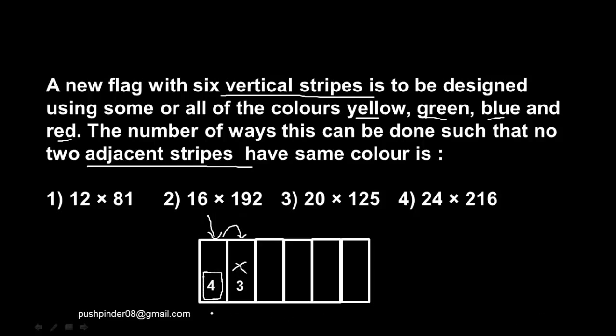So let's suppose this was given yellow and this was given red. So now we have a choice of yellow, green, and blue for this stripe, because no two adjacent stripes should have the same color. So again 3 ways. Similarly, next stripe also 3 ways, next stripe also 3 ways, next stripe also 3 ways, and you get your answer, right?